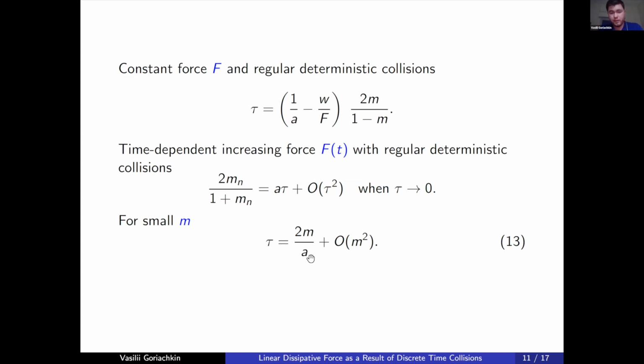So in this case, it is enough to take A, the parameter for friction, which is 2m over tau. We can rewrite this equation just to find what A is, to find the dissipation parameter. Okay, yes, thank you.